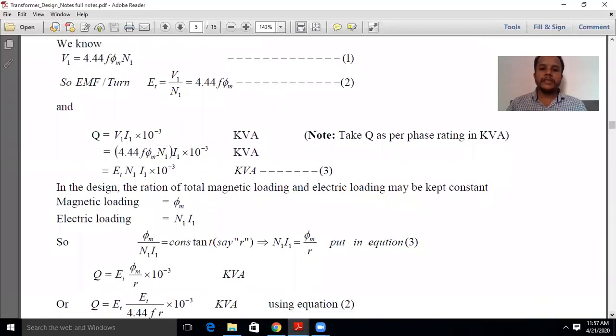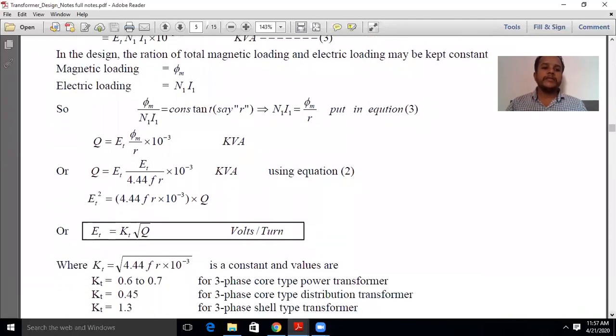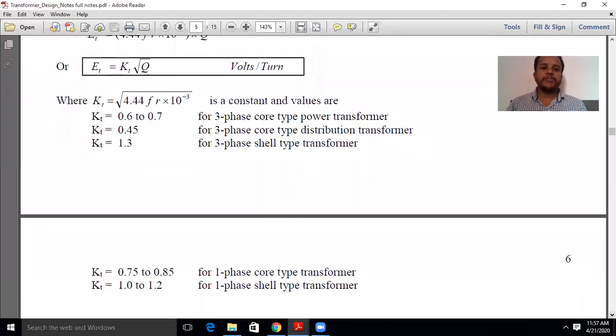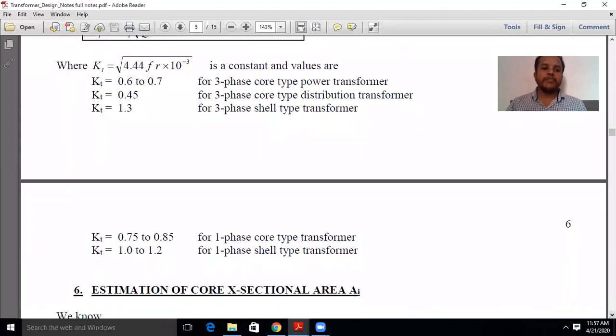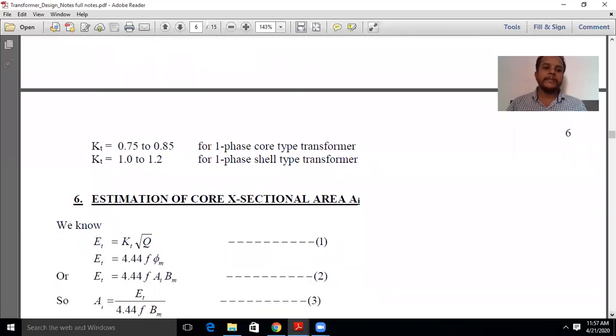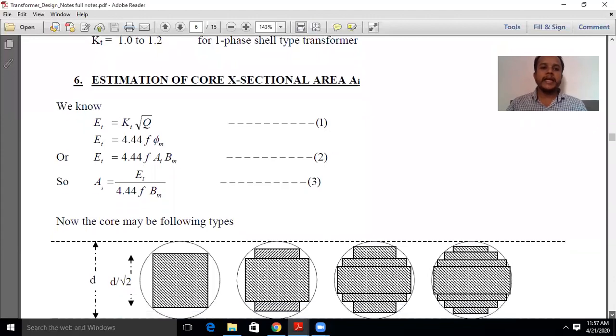Here we calculated ET, which is equal to KT under square root KVA. This is the value of EMF per turn. From that equation, we got the value of KT, which is different for different transformers.